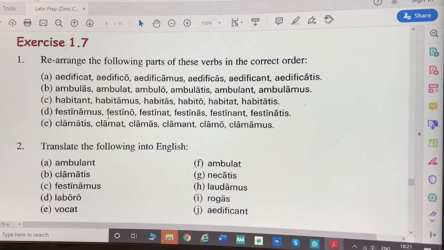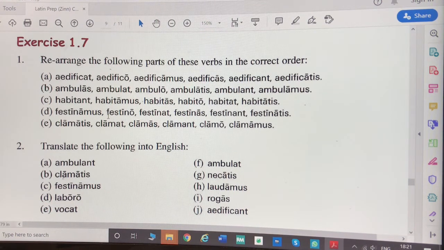The ending is nt, the rest is the stem. And you'll remember from amo, amas, amat, amamus, amatis, amant, that the nt ending indicates that they are performing the verb.